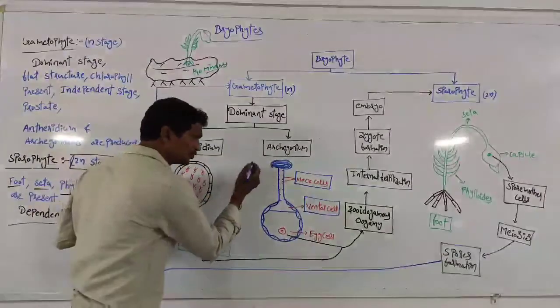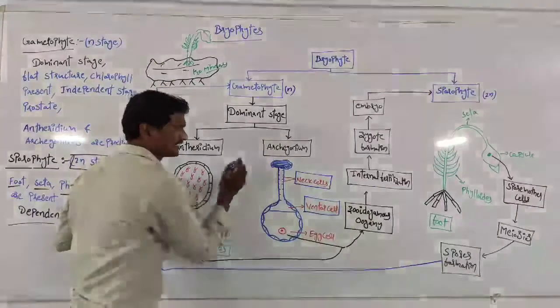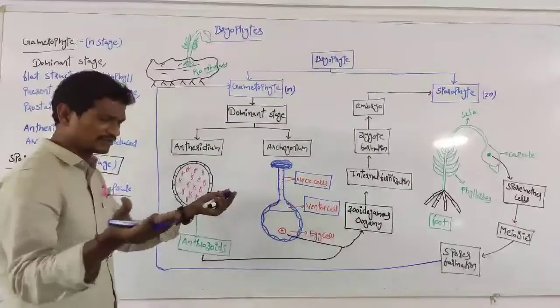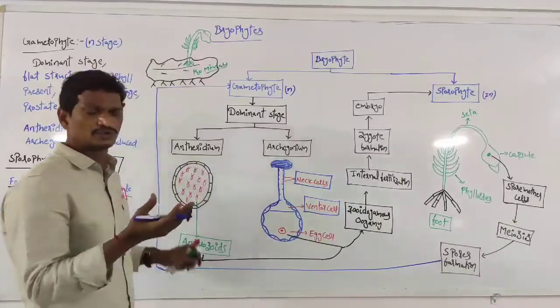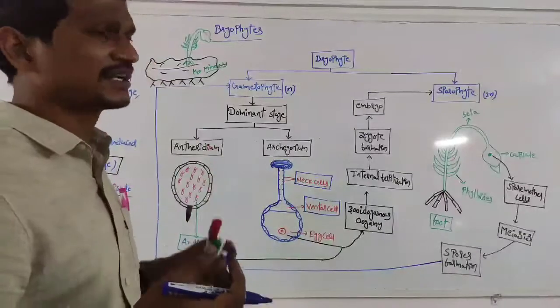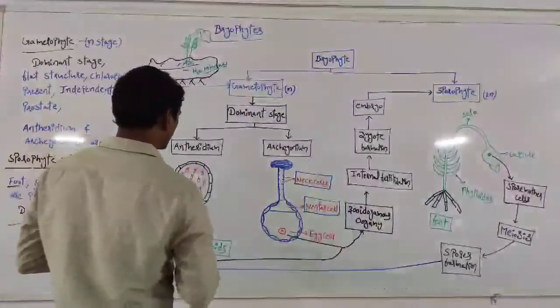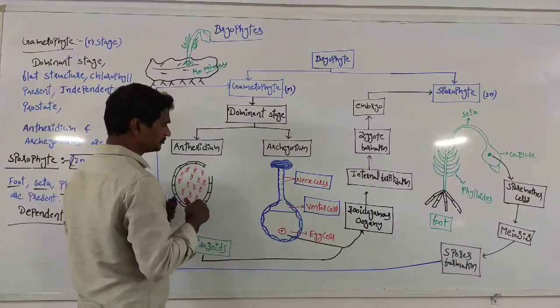Because of the presence of this mucilaginous substance, the male gametes are attracted towards it.